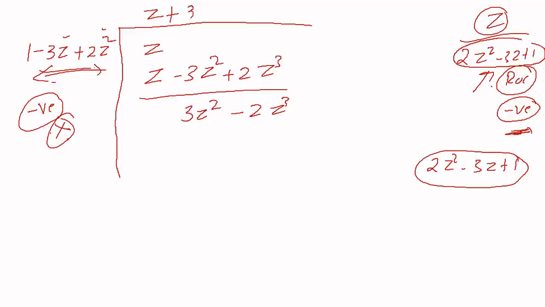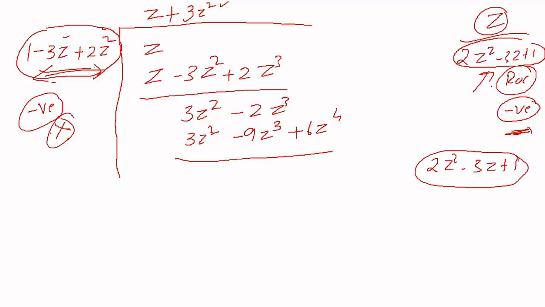This multiplication, as a whole term, will yield me 3z square minus 9z cube plus 6z power 4. Again the subtraction gives 7z cube minus 6z power 4.